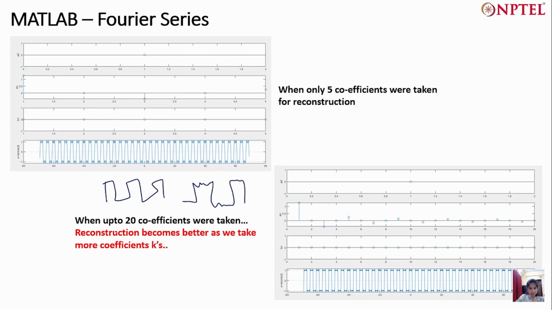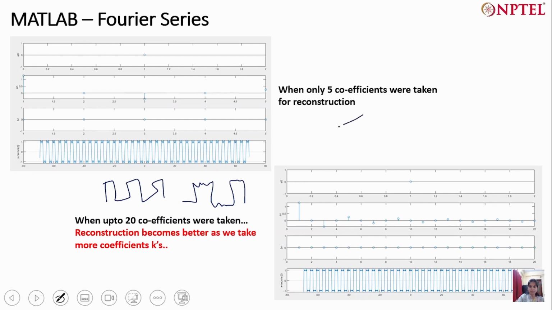If I take up to 20 coefficients, I can see it is a bit closer to the true signal. These fluctuations are reducing. So as I take more and more coefficients for A0, An and Bn, I can reconstruct my original x of t.